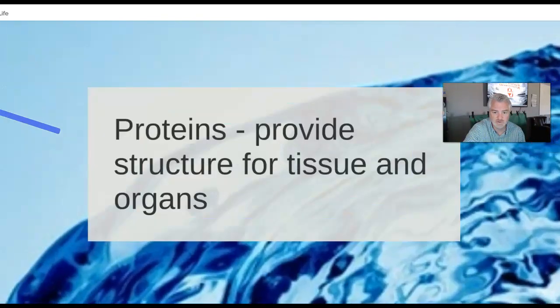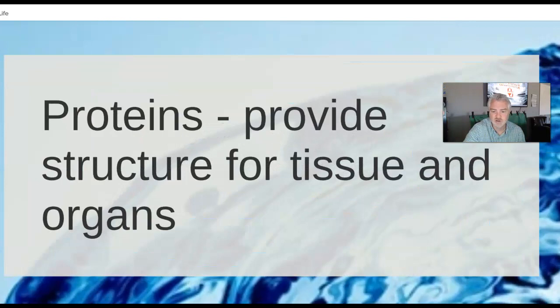Real quick, proteins are the next thing we want to talk about. They're used for structure, for tissue, for defense in your immune system. Enzymes, which we talked about earlier, are a type of protein, and these are very important. Pretty much your whole body, your skin, your hair, your nails, your muscles, everything is made up of protein. All the enzymes in your body, thousands and thousands of enzymes that have jobs, are made up of protein.